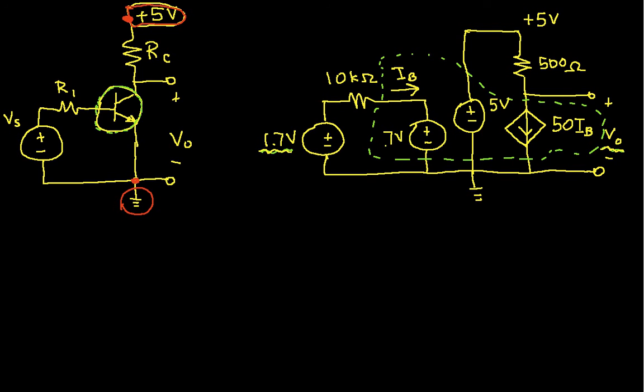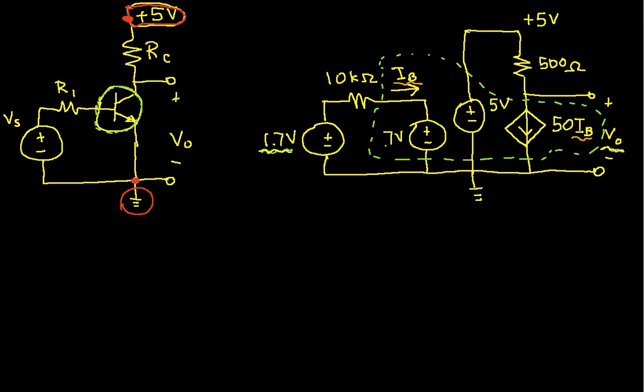For this circuit, it's set up so that we can first solve for I sub B. Once we solve for I sub B, then we can plug in I sub B over here on the dependent source, and once we know what the current going through the source is, it's not very hard to find the voltage across the source. So our agenda today will be first to find I sub B, and then to use that to find the voltage across the current source.